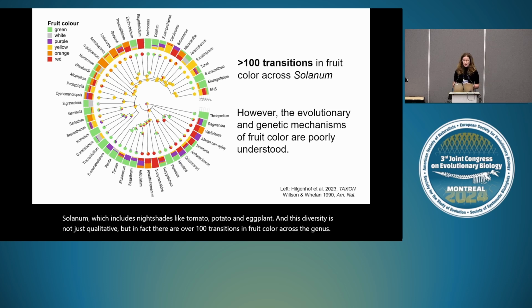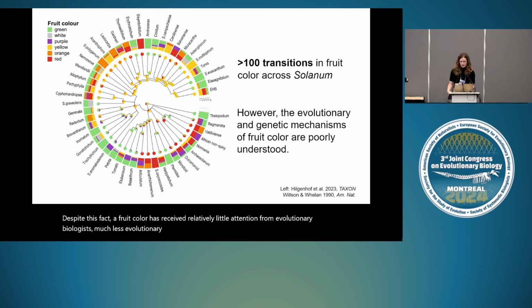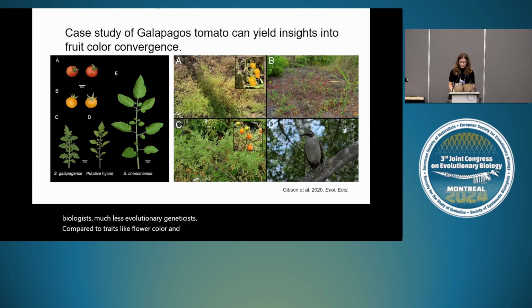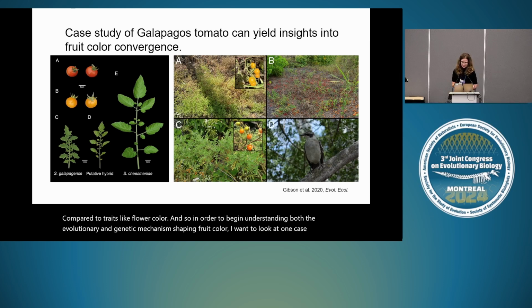Despite this, fruit color has received relatively little attention from evolutionary biologists, much less evolutionary geneticists, compared to traits like flower color. In order to begin understanding both the evolutionary and genetic mechanisms shaping fruit color, I want to look at one case of repeated fruit color transition, which is the 3 wild tomato species that live on the Galapagos Islands.